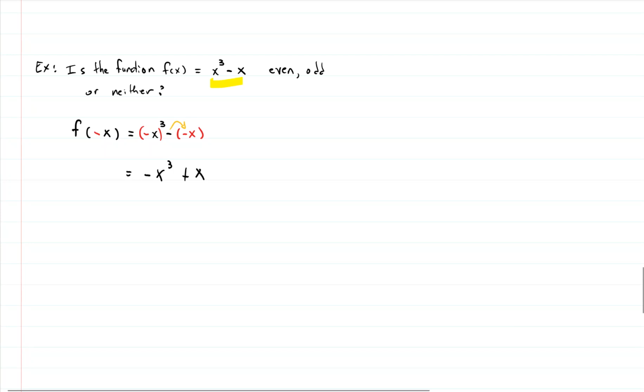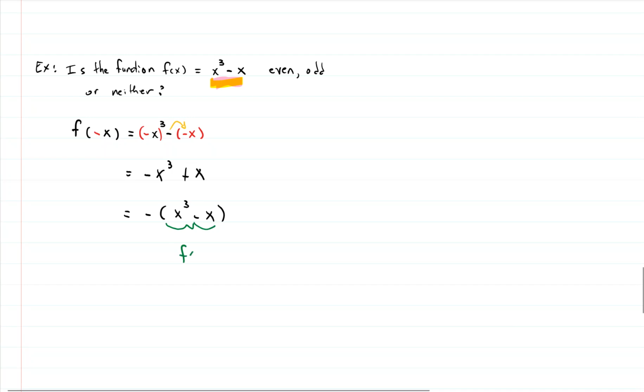x. And we look at that and we're like, is that the same as the original? The original, again, was x cubed minus x, and the signs don't match up, but let's factor out a negative and see what we get. So if we factor out a negative, what do we have left? We have x cubed, and then we have a negative x there. And we look at that and we're like, hey, check that out. What is this right here?